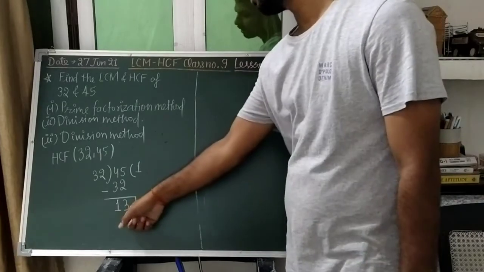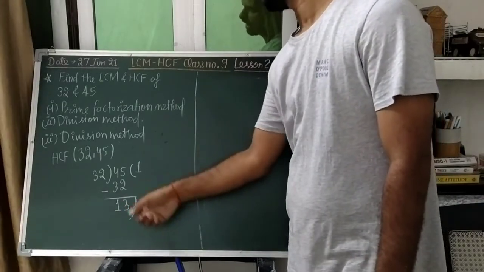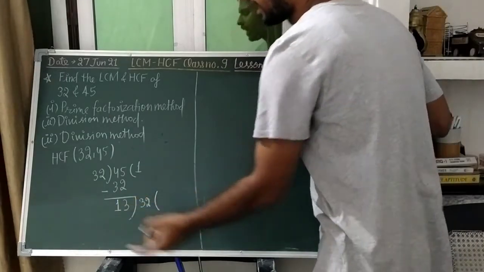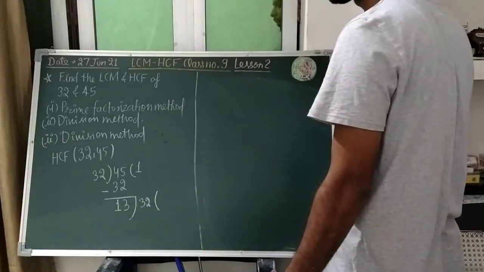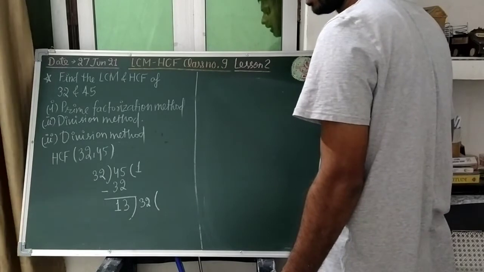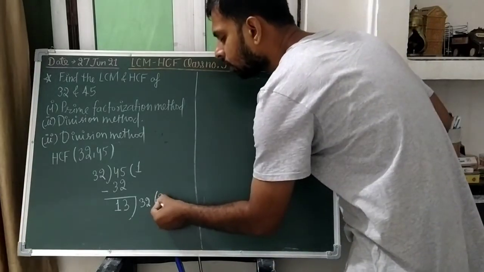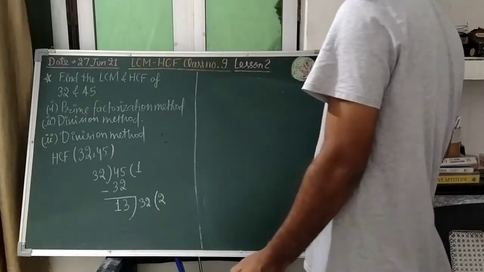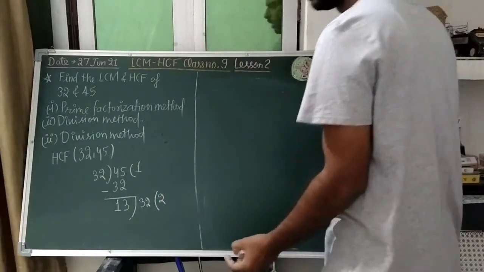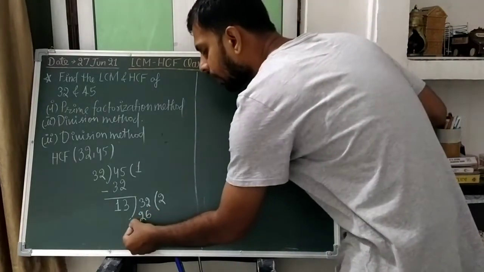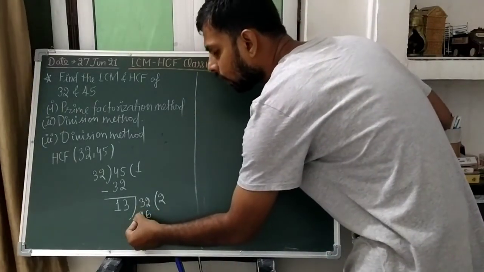So of course 13 will divide 32. When 32 is divided by 13, 13 2s are 26, 13 3s are 39. 39 is more than 32, so it will go 2 times, and the remainder will be equal to what, students?